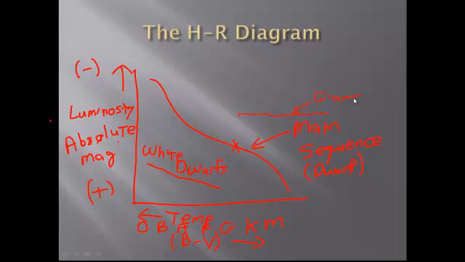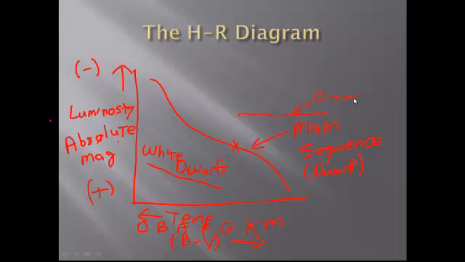Now, as we go through and talk about the HR diagrams, we're going to look at a couple of examples coming up. You can see, as I sketched out, we have the same kind of thing. This is a plot of temperature, going from 10,000 to 3,000 degrees, and luminosity as compared to the Sun, going from 1/10,000th the brightness of the Sun to 10,000 times brighter than the Sun.